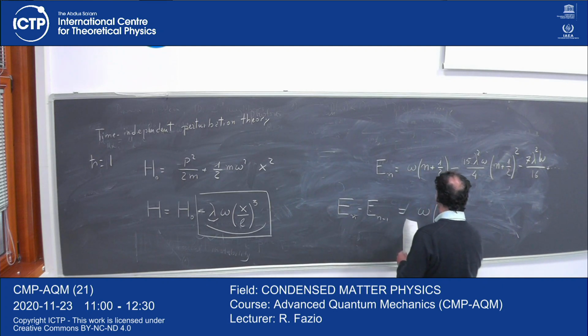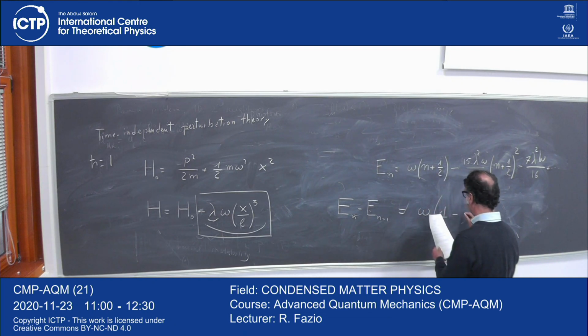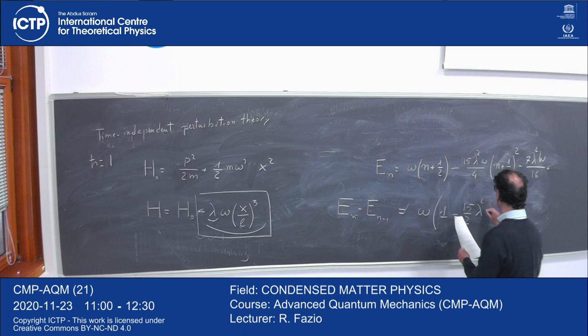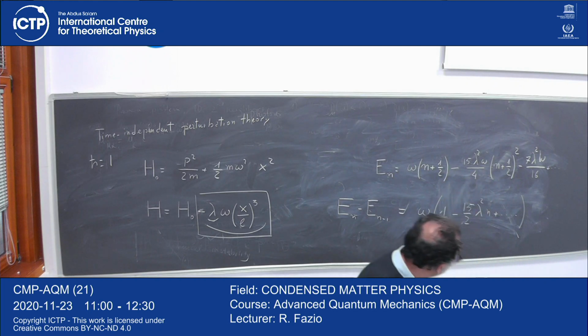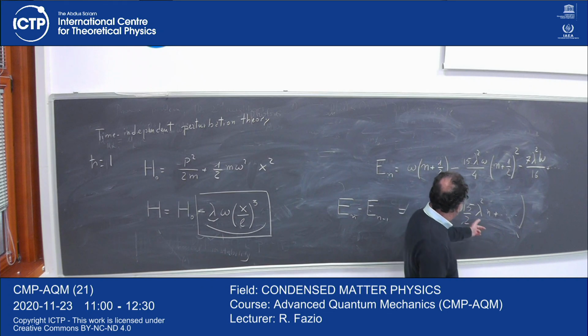If you combine these two, then you will get 1 minus 15 over 2, I'm just counting, lambda square n. Now, you see that the gap, whatever you fix lambda, at some point, the correction will become of the same order as the zero order term.